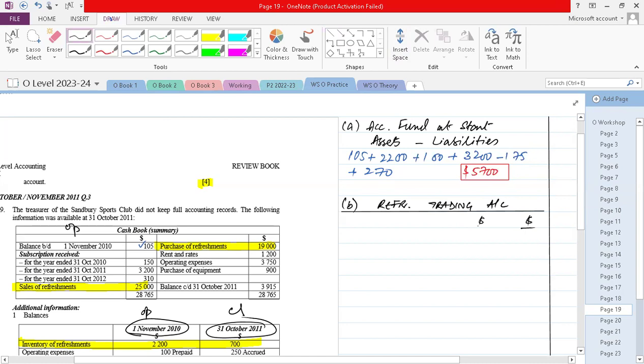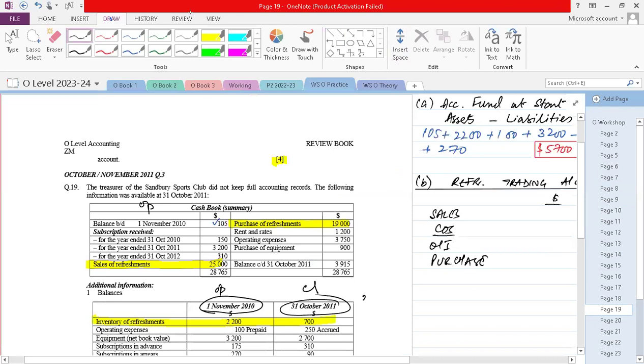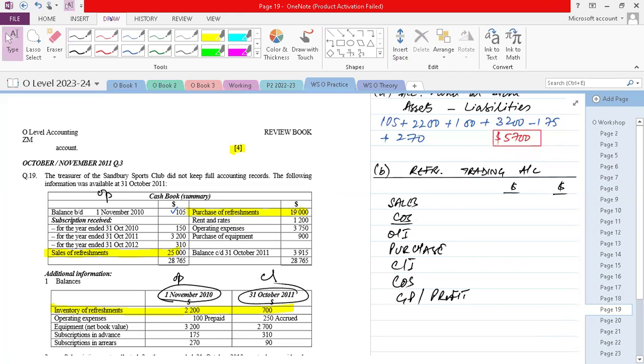In the same way, we have to make the format we just made in the last question. Sales, cost of sales: opening inventory, add purchases, less closing inventory. Cost of sales, gross profit becomes profit. Why, sir? There is no other expense relevant to refreshment.